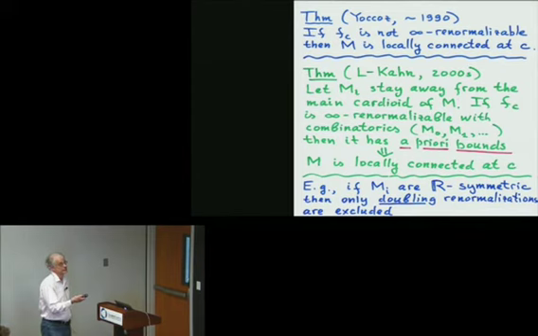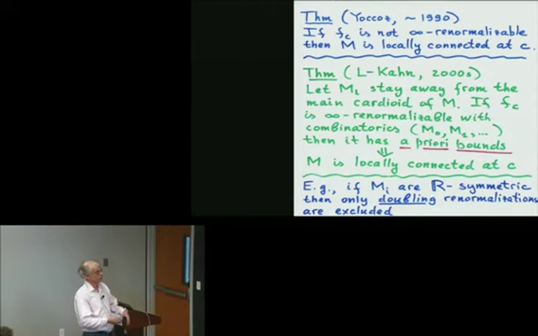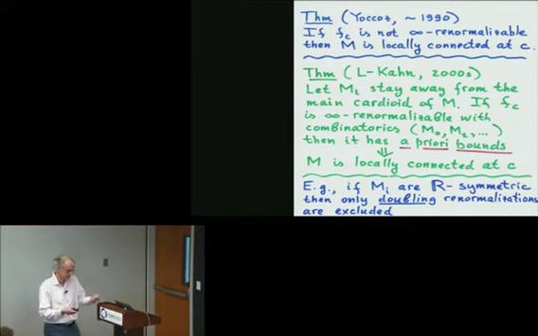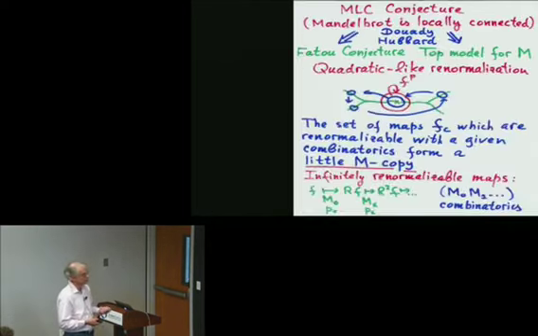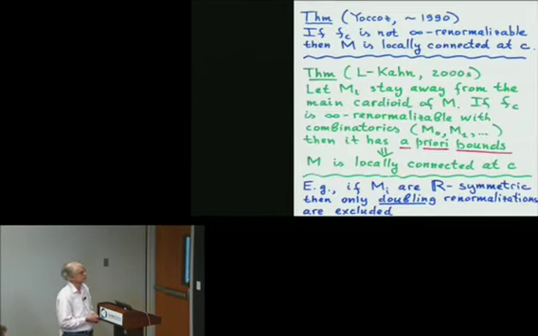It says that if the map f_c, the quadratic polynomial, is not infinitely renormalizable, then the Mandelbrot set is locally connected at this parameter. And so, due to the work of Yoccoz, the MLC conjecture was reduced to analyzing the situation when the maps are infinitely renormalizable. And in this infinitely renormalizable case, one can reduce it to this kind of rigidity statement: the combinatorics of the map determines the parameter itself.